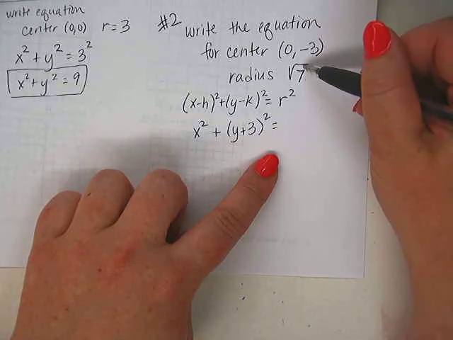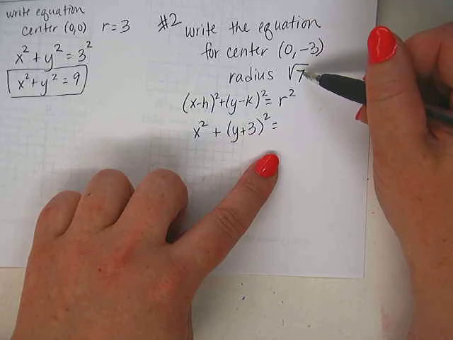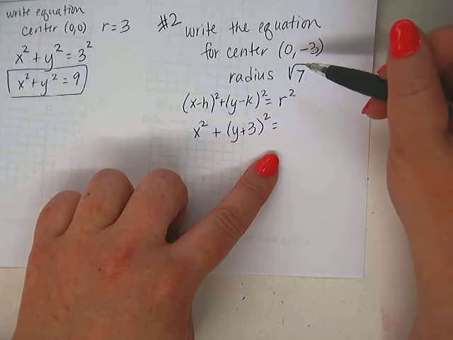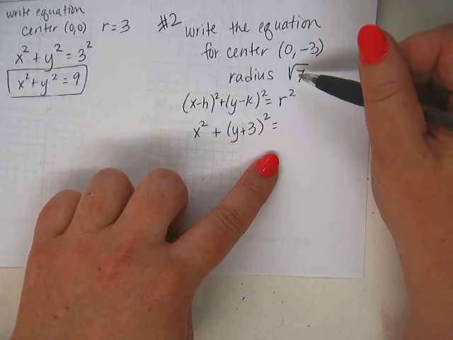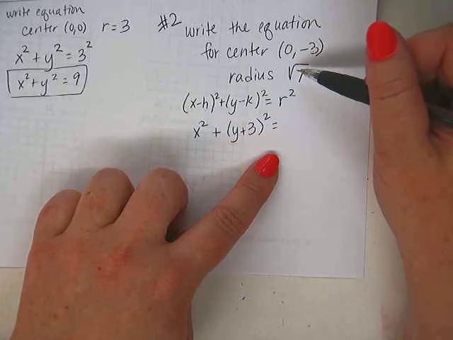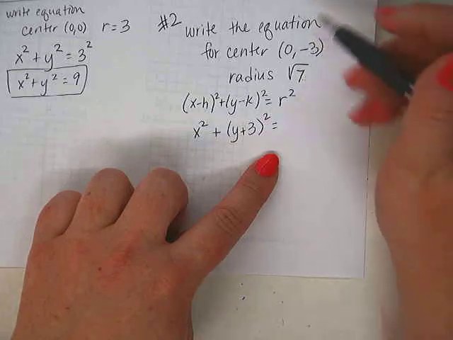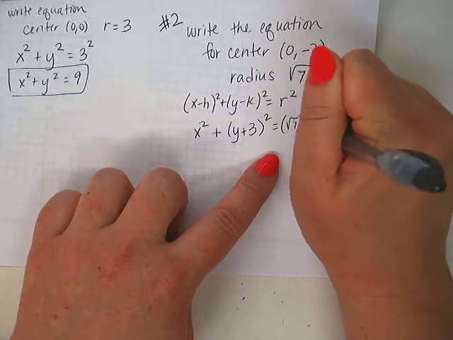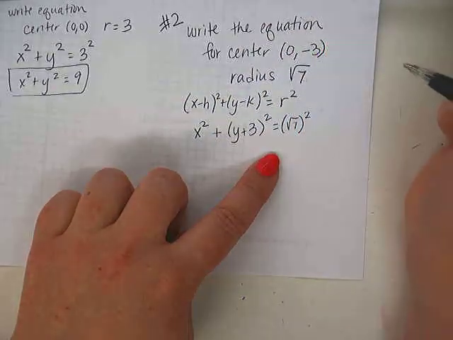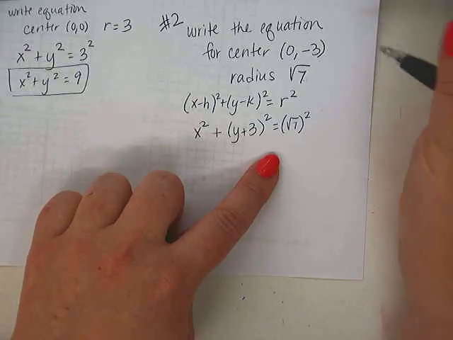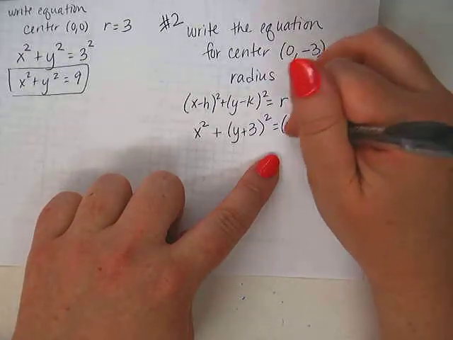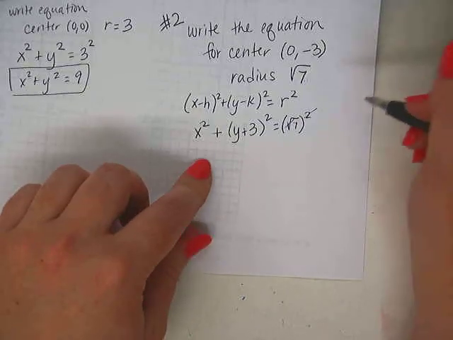Okay, now here's the weird part. The radius is a really weird number. It's the square root of 7. If you were to put the square root of 7 in your calculator, you would get 2.5-ish. Okay? So I don't want you to change it to 2.5. I just want you to take the radius, which is the square root of 7, and square that.